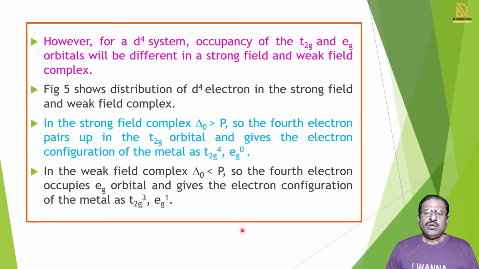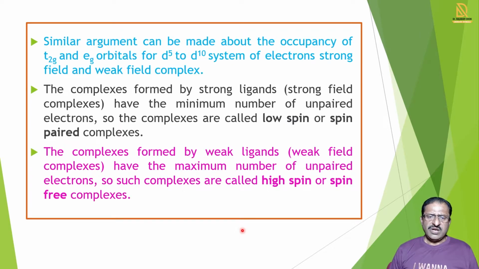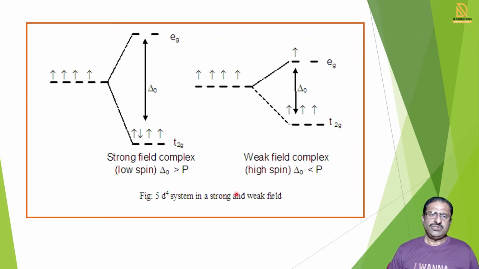But when the fourth electron is filled, we take the d4 case. What happens in the d4 case? Imagine that there is a diagram. In this diagram, the first electron is filled in T2g, the second in T2g, the third in T2g.